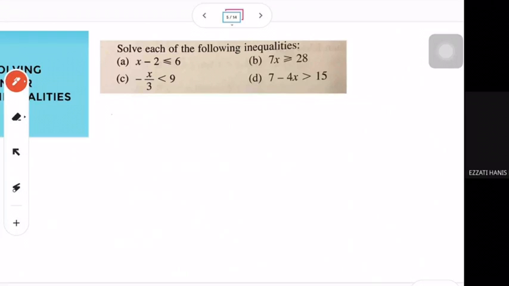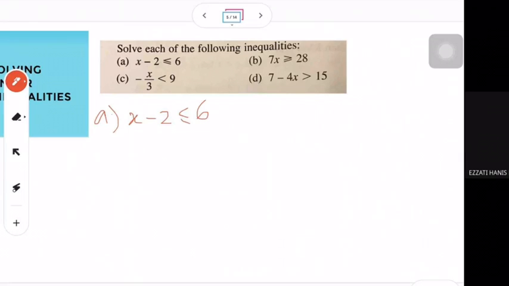For A, you are given x minus 2 is less than or equals to 6. So buat saja macam kita belajar dalam linear equation, backtracking ke, equality concept ke, dua cara tu lah.